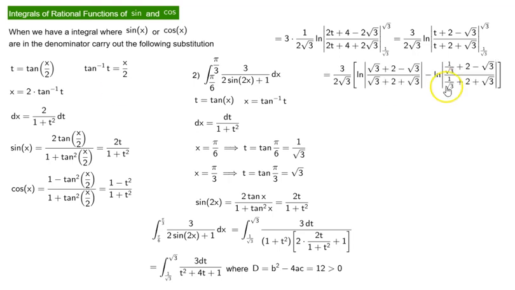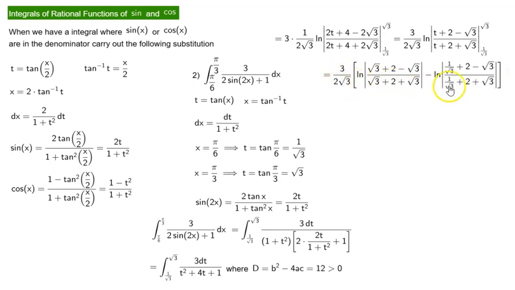Now taking care of the limits, we get 3 by 2 root 3 natural log of root 3 plus 2 minus root 3 divided by root 3 plus 2 plus root 3 minus natural log of 1 by root 3 plus 2 minus root 3 divided by 1 by root 3 plus 2 plus root 3.